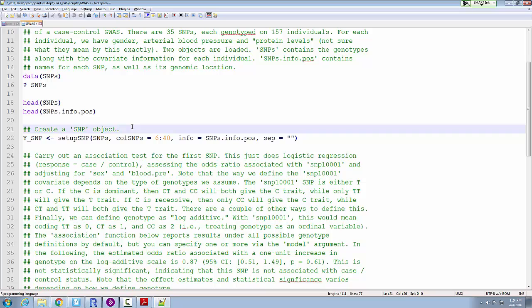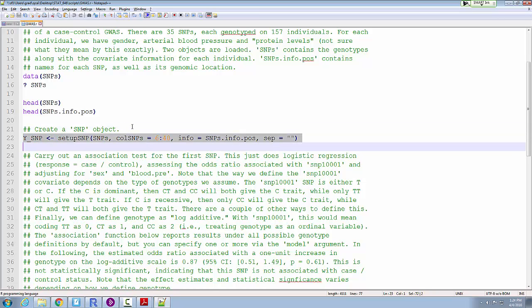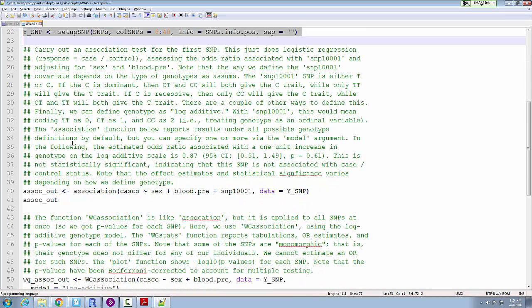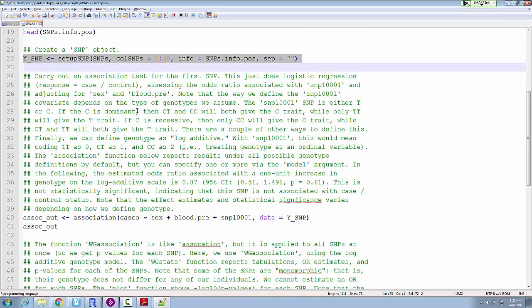Like we've seen with some of the other packages, step one, before we can call the main workhorse function, we have to create a special object class that contains all the data that the function wants. So we're going to do that right here. And then we're going to carry out an association test.